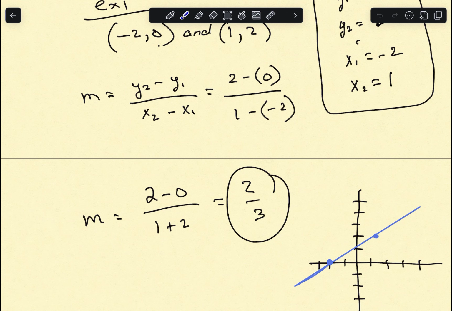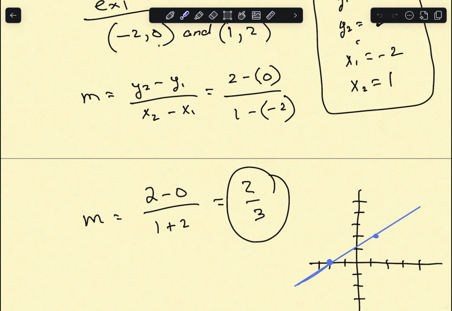So you're going up 1, 2, and then over 1, 2. Your rise is the 2. And then your run is 1, 2, and 3, and that's where they intersect. See the 3 right here? You're going to put the point right there.